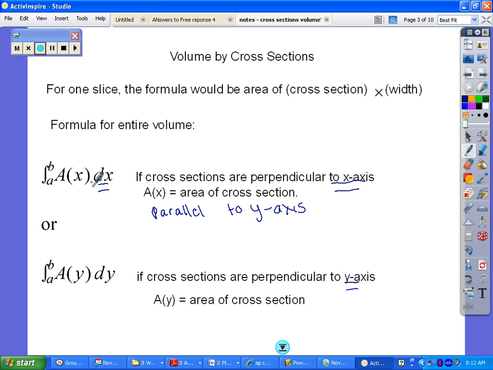That would also mean dx. For perpendicular to the y-axis, they might say parallel to the x-axis instead. It's not as common, but occasionally they say parallel to an axis instead of perpendicular. Just like with our other volume and area problems, once we know if it's dx or dy for our width, we get everything else in terms of x, or everything else in terms of y if it's dy.